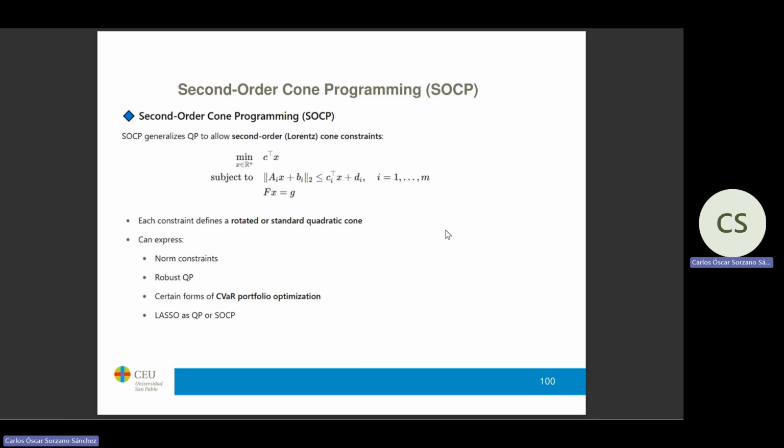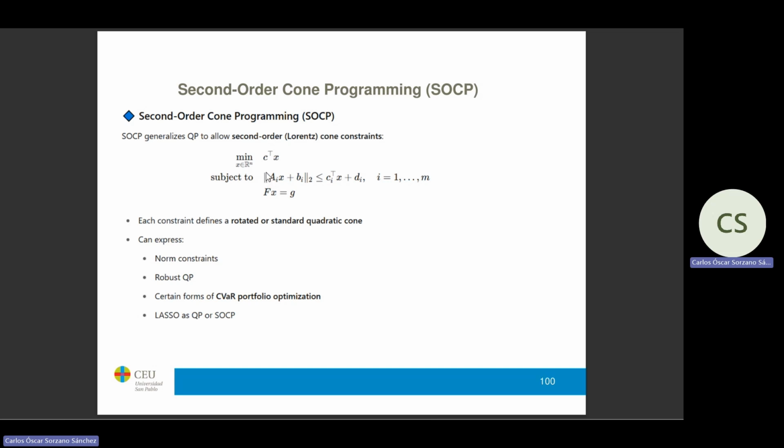Then a different kind of related problem is called second order cone programming. It is a generalization of the previous one with cone constraints. So now this is the equation of a cone. In the equation of a cone, this matrix A is kind of a rotation of the cone, and this determines the radius and the aperture of the cone. And then you want to minimize some linear function subject to the solution being in this cone.